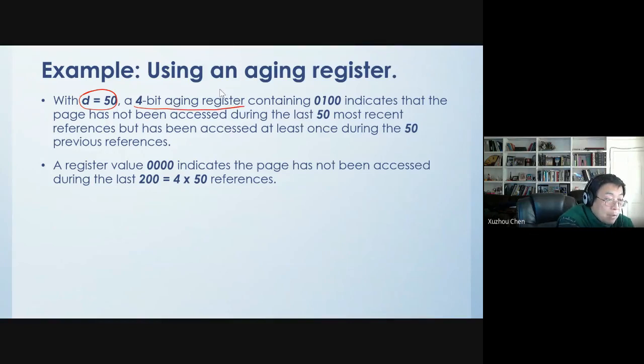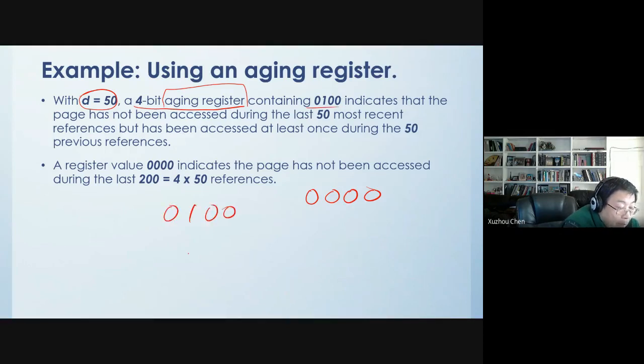Now, when you use a 4-bit aging register, what does this mean? Let's take a look at this case, 0100.